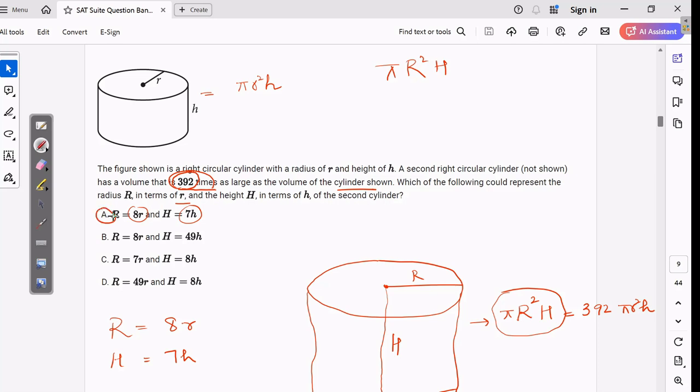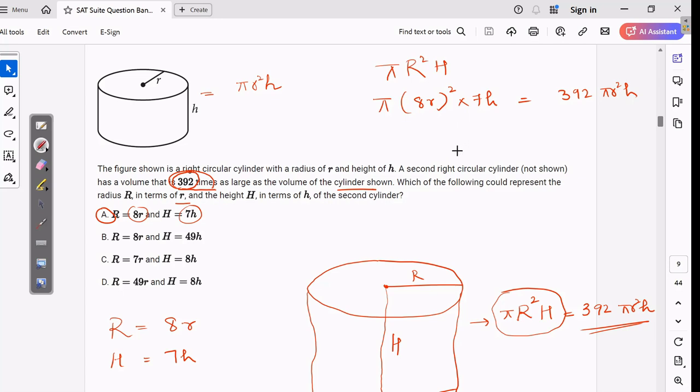Take the first option. It says capital R is 8 times the small r, and H is 7h. So plug in these values: 8 times smaller r, square it, and capital H is 7h. So just simplify this and see, will you get this expression, 392 pi r square h? Can you simplify this?